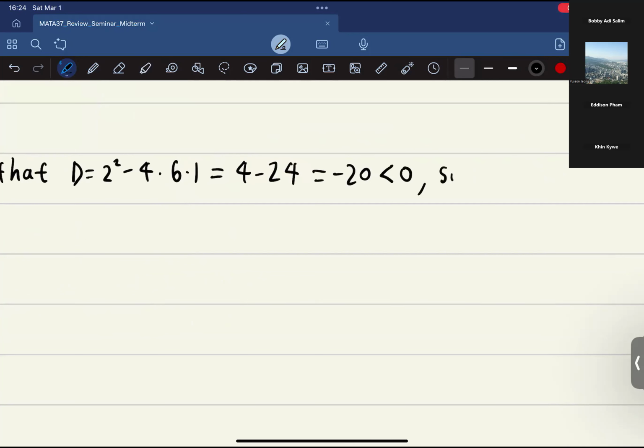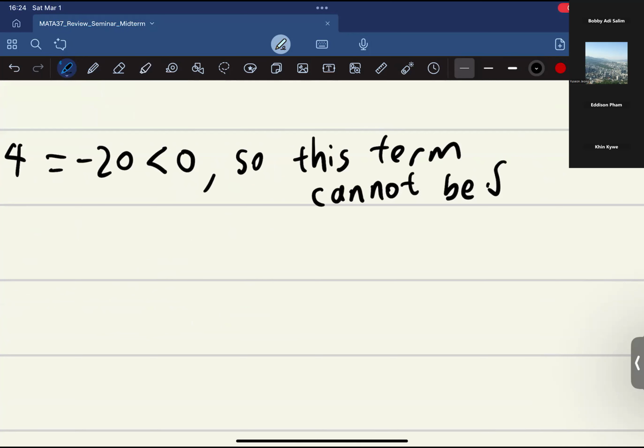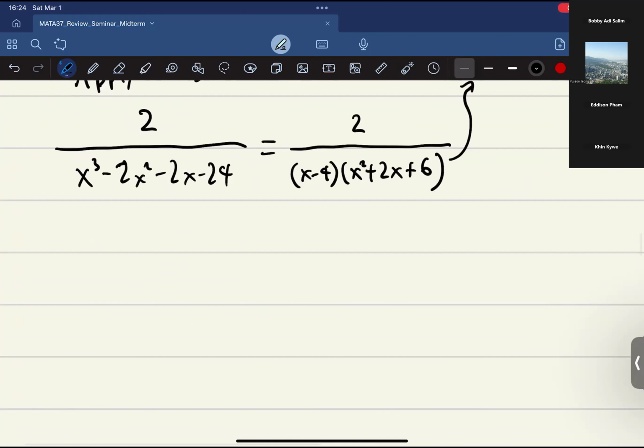So this term cannot be factored anymore. So here we already factored it to the absolute maximum.